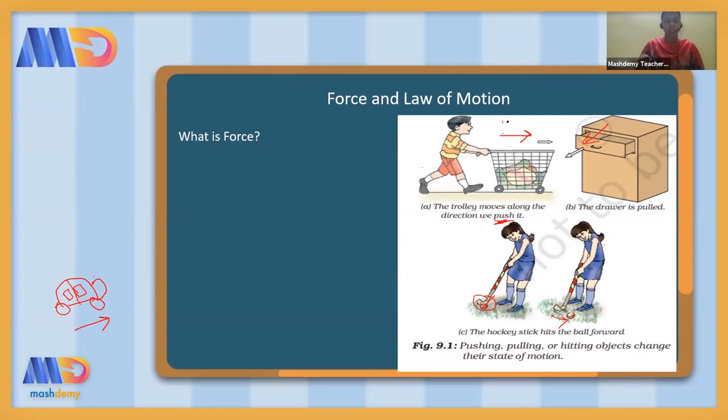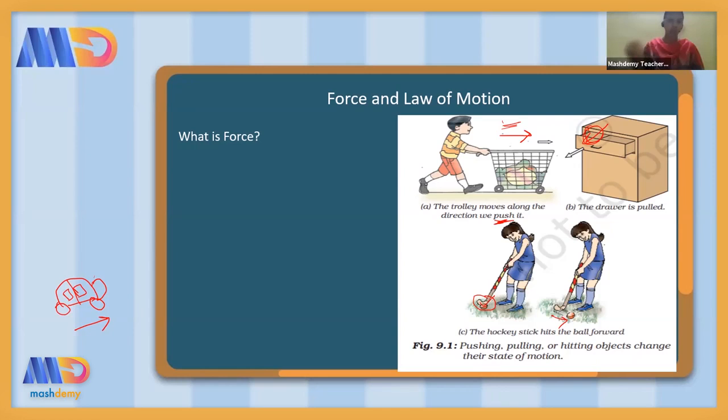I'm asking the action. So what is this guy doing here? Pushing the trolley. So pushing is one action. What are we doing here when we want to open the drawer? Pulling, ma'am. Okay, so pulling is another action. And what is this girl doing, the ball is at rest? That is also pushing. That will be hitting.